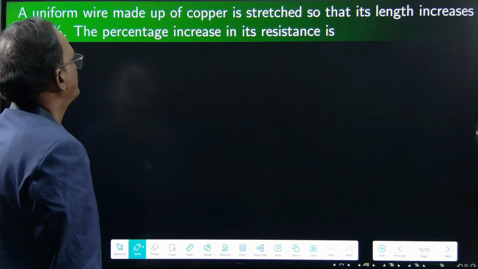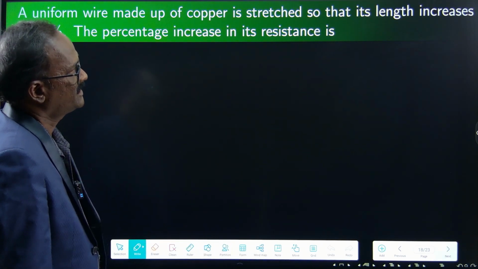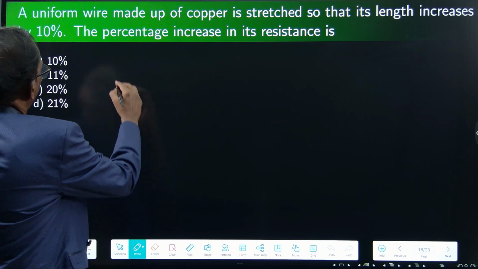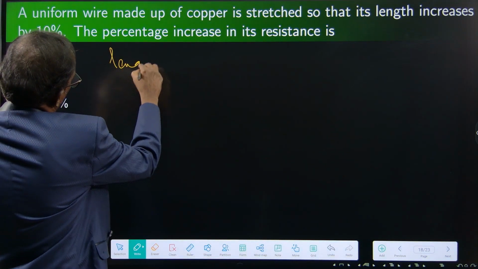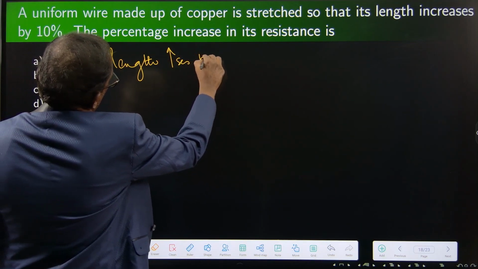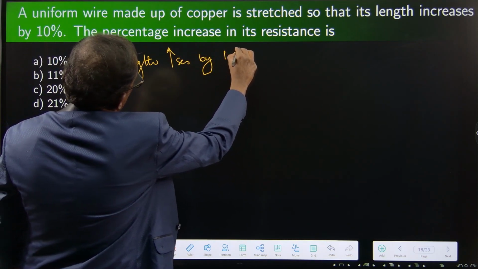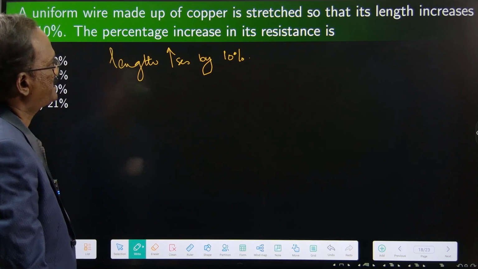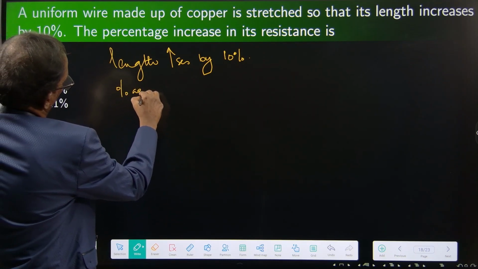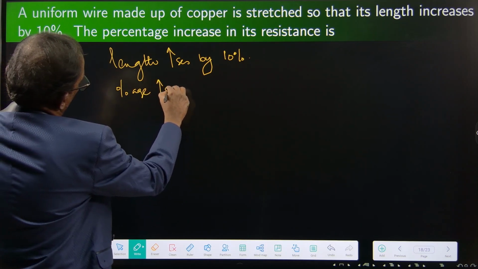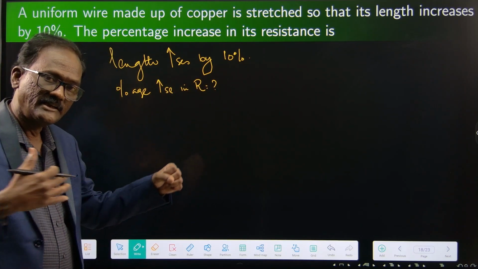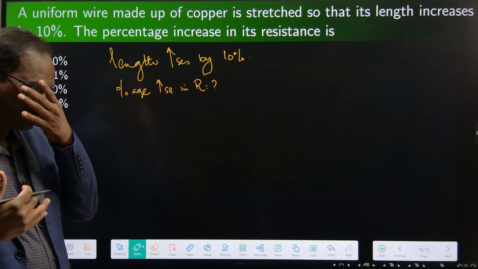A uniform wire made up of copper is stretched so that its length increases by 10%. The percentage increase in resistance is? Length increases by 10%.